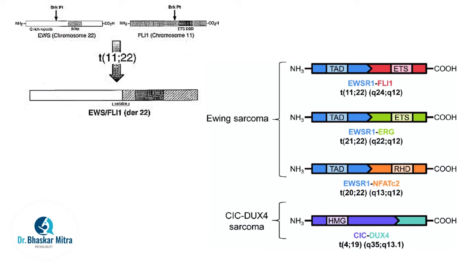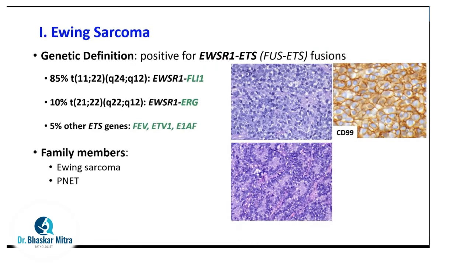There may be other non-EWSR1 group tumors like the CIC-DUX4 sarcoma group, and we will come to the details of this today. So first is the Ewing sarcoma, where we can find the EWSR1 and ETS fusion transcript.